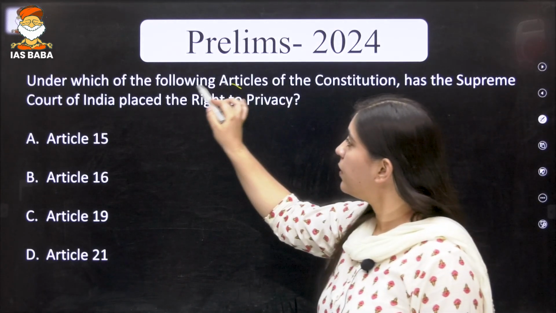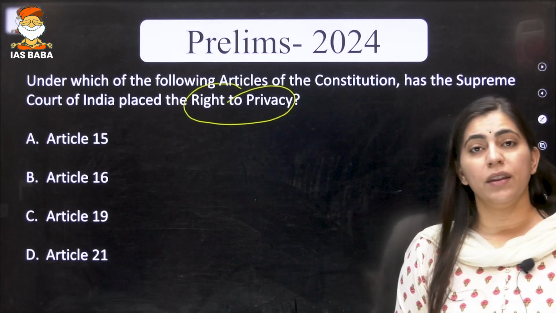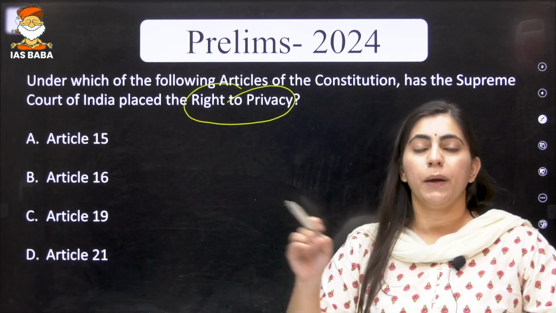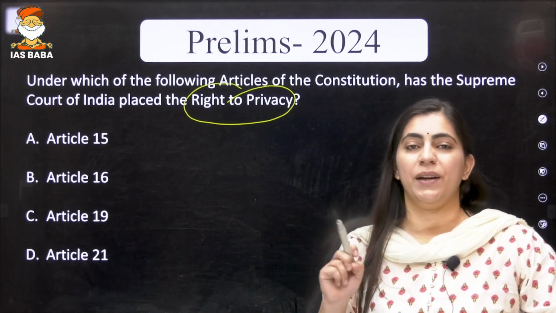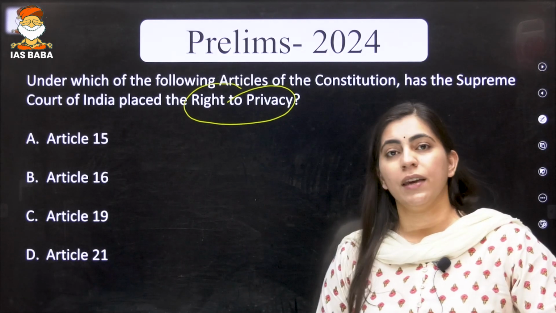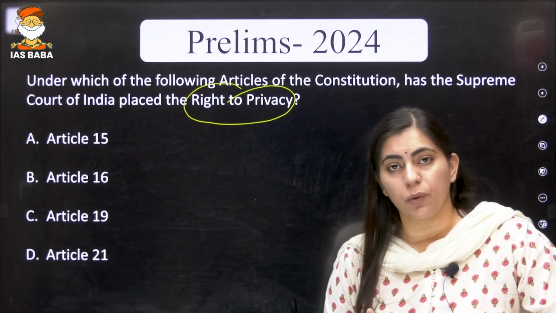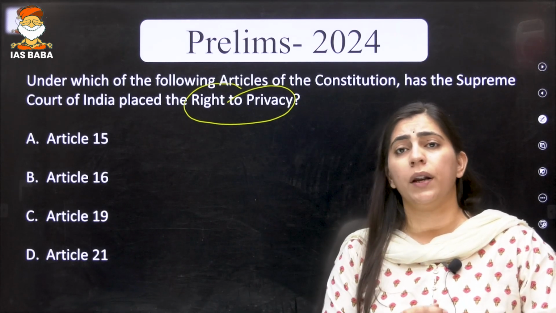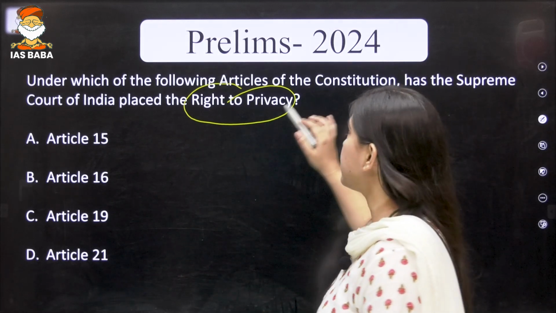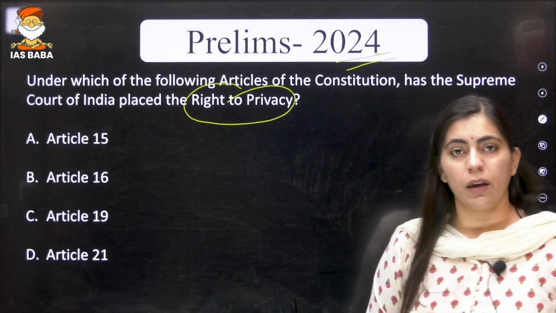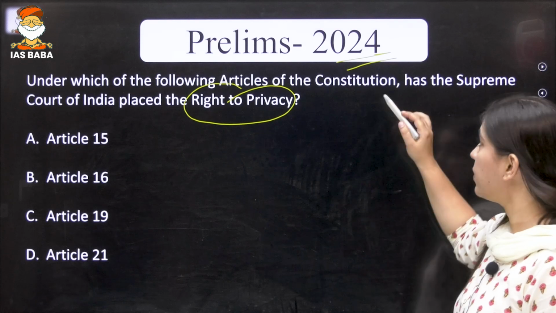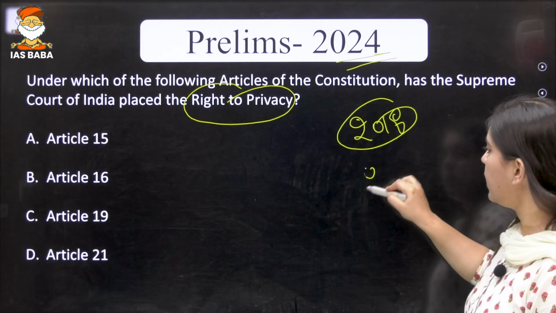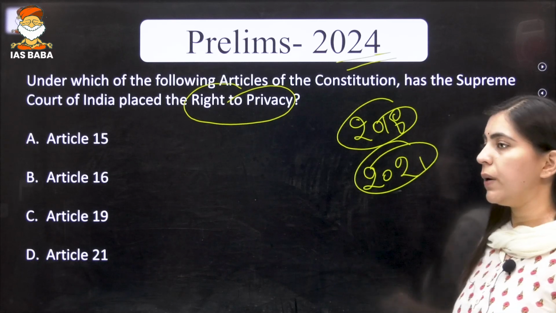Again, I want to give enough emphasis to Article 21 of the Indian Constitution and UPSC's love towards Article 21, because the right to privacy and the right to marry a person of your own choice, these sets of questions have been asked by the UPSC over and over again. For example, this question was asked in 2024 regarding the right to privacy. The same question was asked in 2018 as well as in 2021.